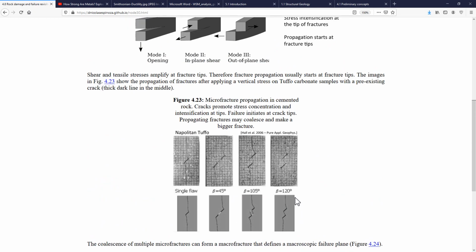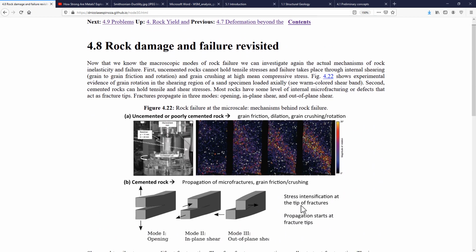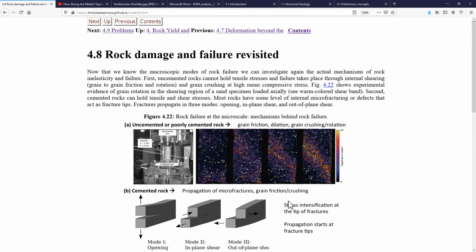And this is not something that we're going to do in this class, but this is something that you should be aware of, that there are going to be different types of models that are going to apply to different kinds of materials. And before you choose those models, you need to know what kind of material you are dealing with.